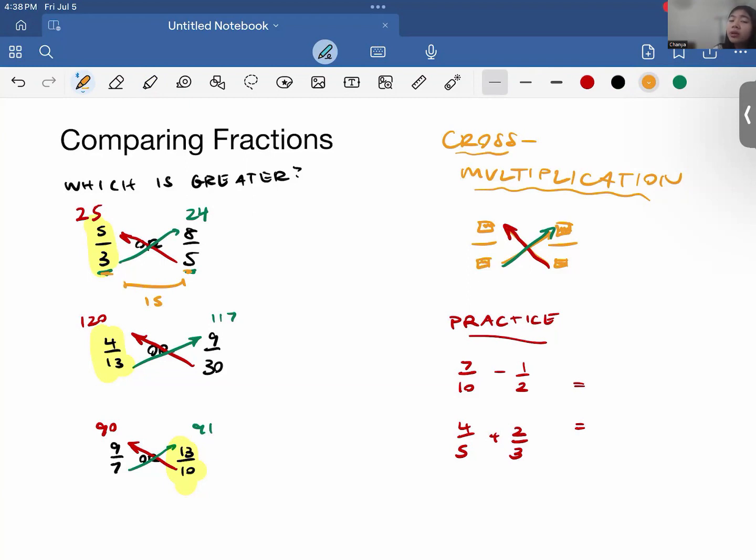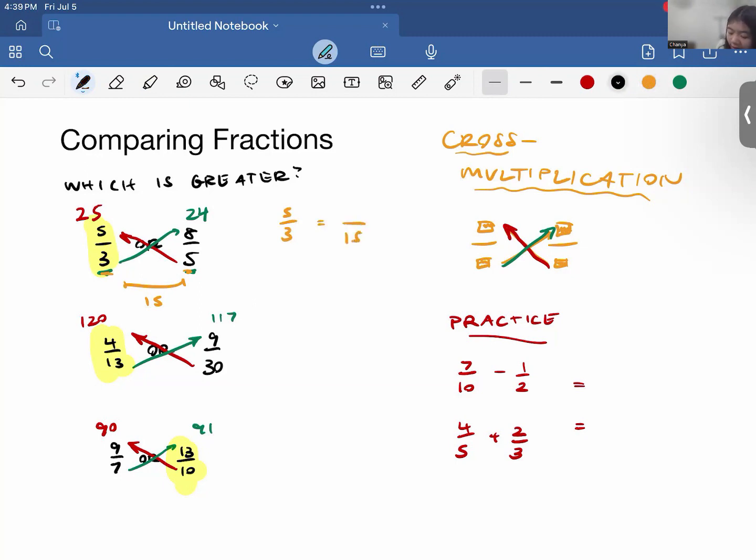And then next, what we do when we cross multiply is we convert these fractions into fractions with the same denominator, but we only look at the numerator. So for example, let's take 5 over 3. What do we do to convert it to a number over 15?